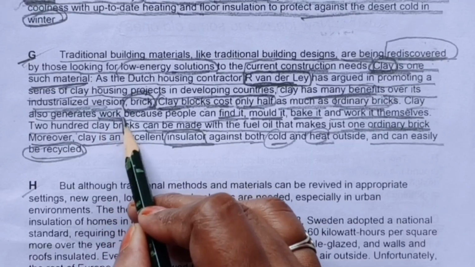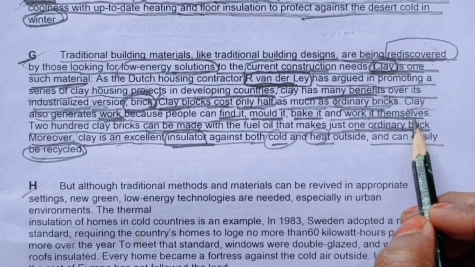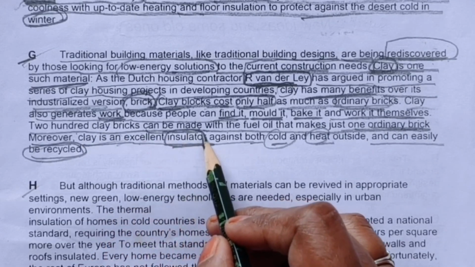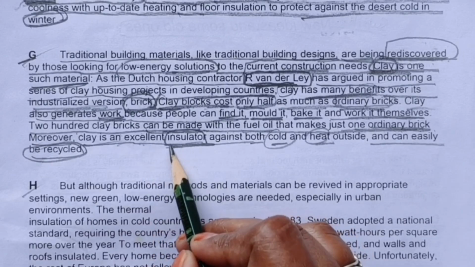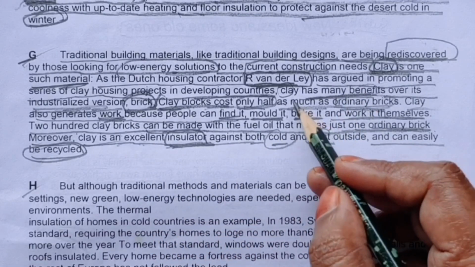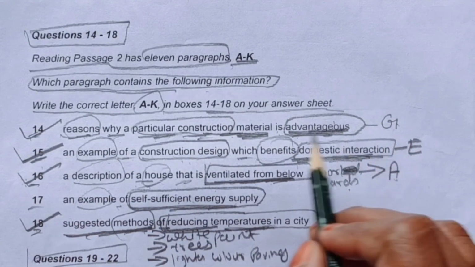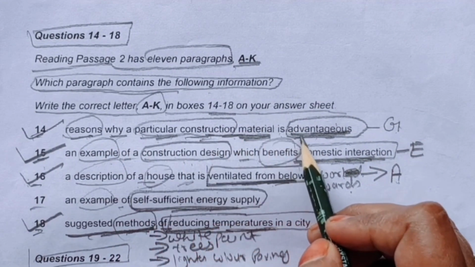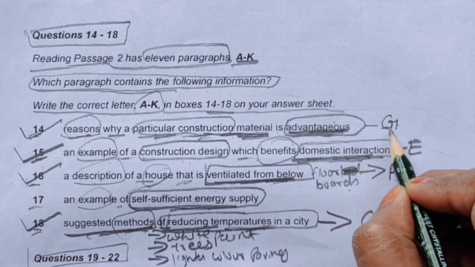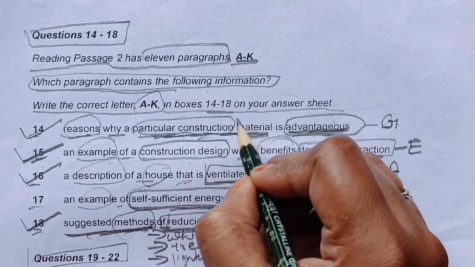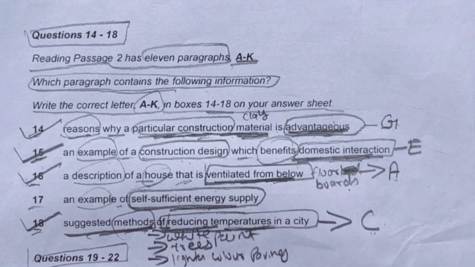It also generates work, as people can find it, mold it, bake it and work it themselves. 200 clay bricks can be made with the fuel that makes just one ordinary brick, and it is an excellent insulator. So these are the advantages of clay. That's why we have written G here, because the question is about reasons why a particular construction material is advantageous. Particular construction material means they are talking about clay here. I hope you have understood from where we are getting this answer.